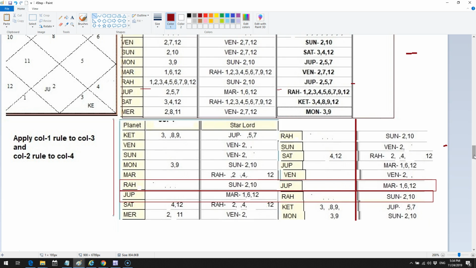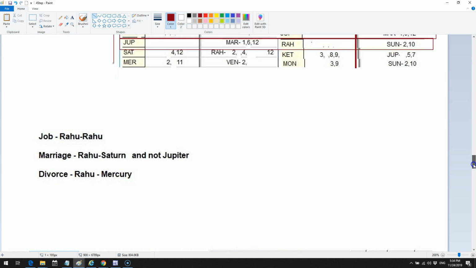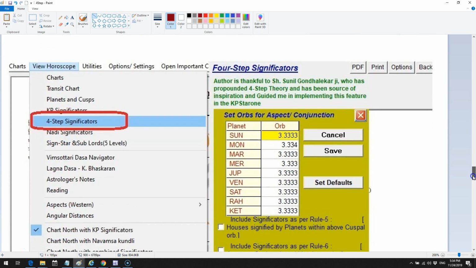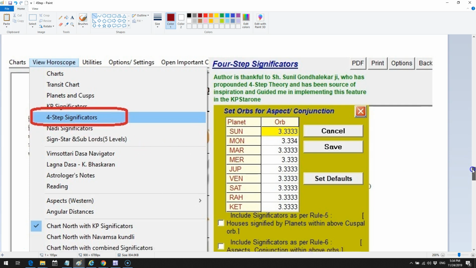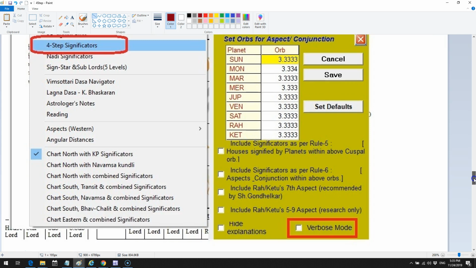in the Krishnamurti Paddhati. If you have KP Star 1, there is an option already there called the 4-step. If you click on that and get into the settings for this 4-step, I would recommend that you have this particular option checked.